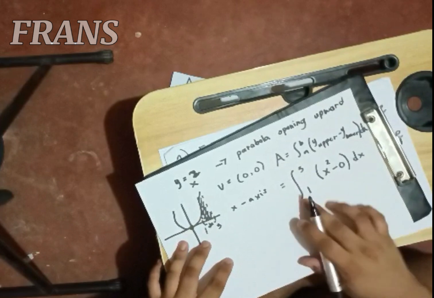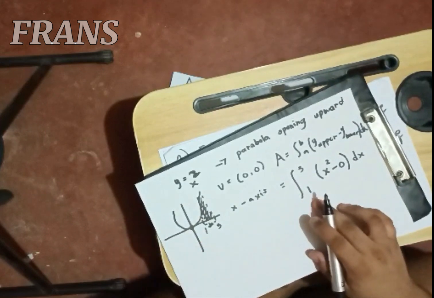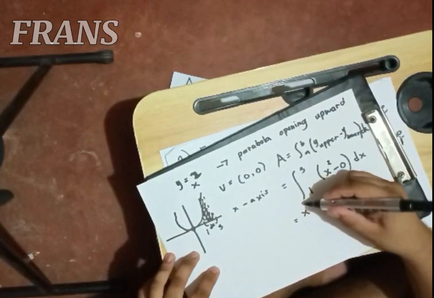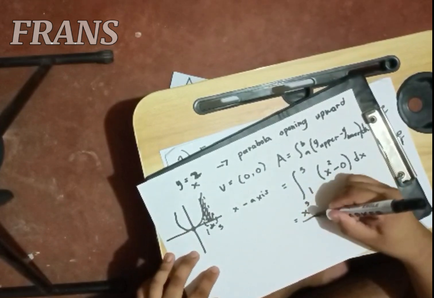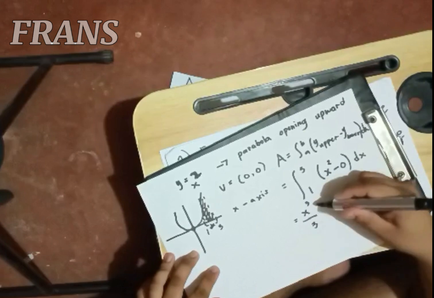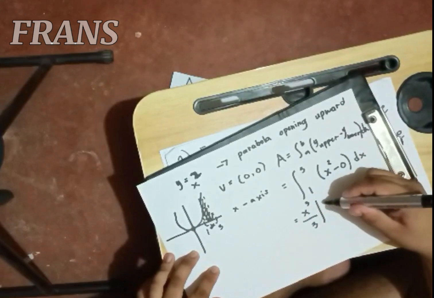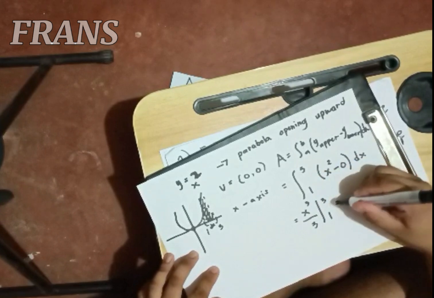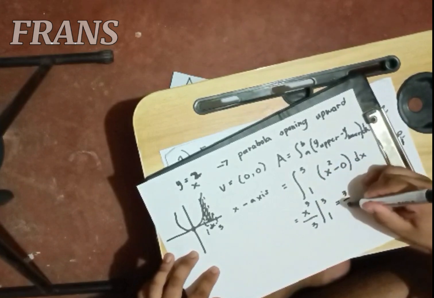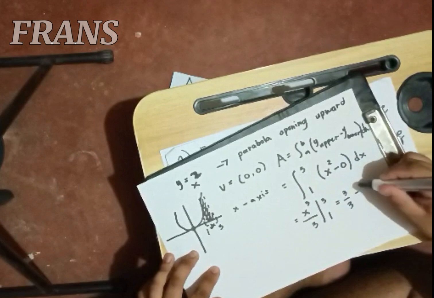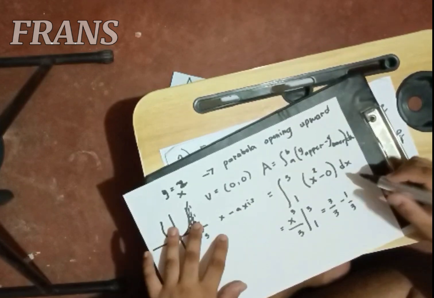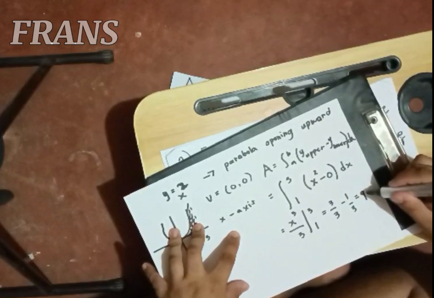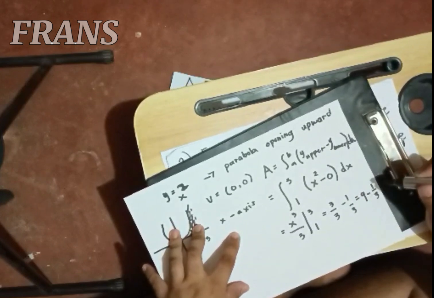So the integral of this is x cubed over 3, with limits from 1 to 3. Then 27 over 3 minus 1 over 3 is equal to 9 minus 1 over 3.